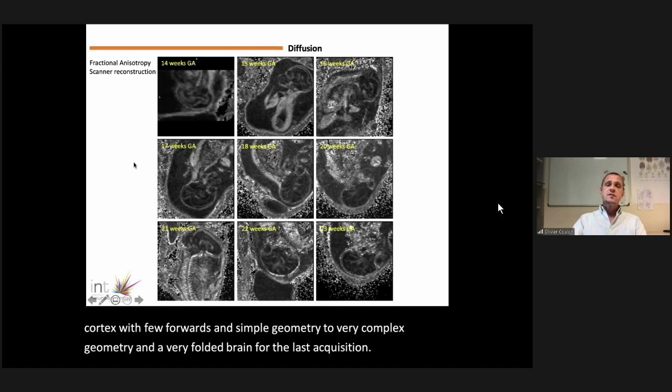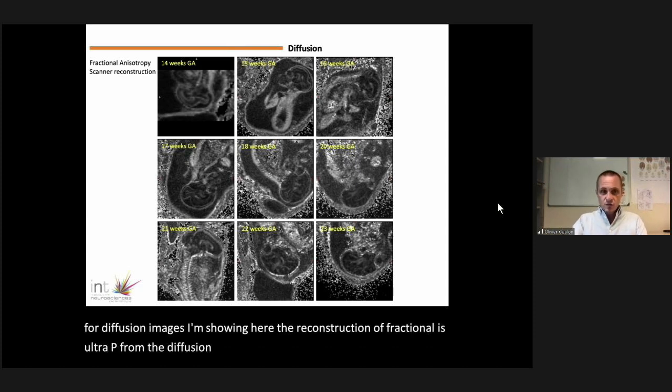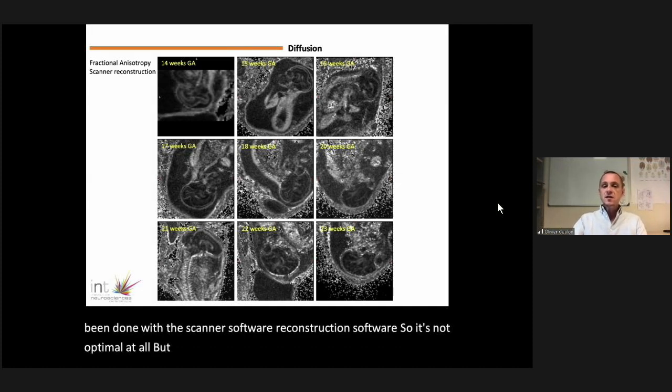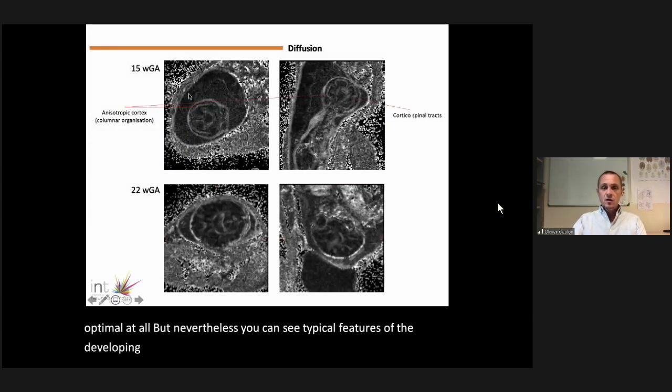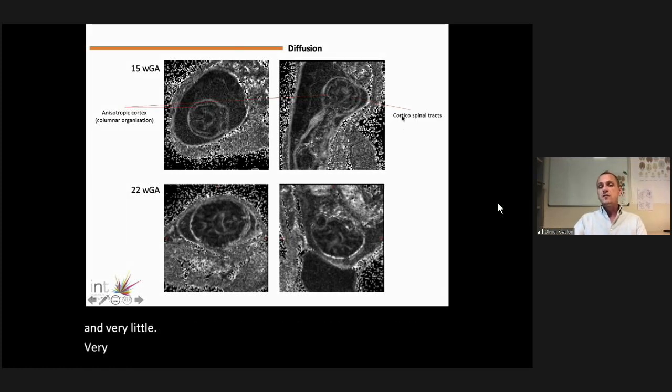For diffusion images, I'm showing here the reconstruction of fractional anisotropy from the diffusion images. First, I would like to say that this has been done with the scanner reconstruction software, so it's not optimal at all. But nevertheless, you can see typical features of the developing brain, with here visible at the beginning, at 15 weeks, for instance, a very anisotropic cortex due to the columnar organization, and very few white matter tracts, such as the cortical spinal tracts or the corpus callosum that is also visible.